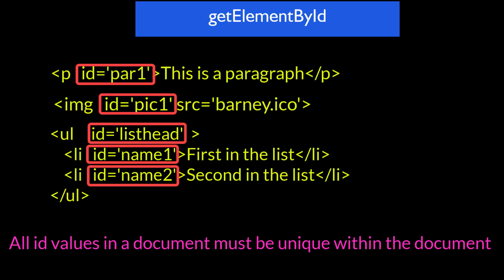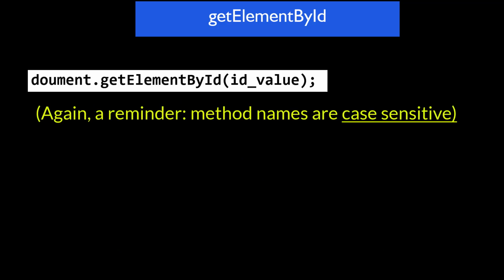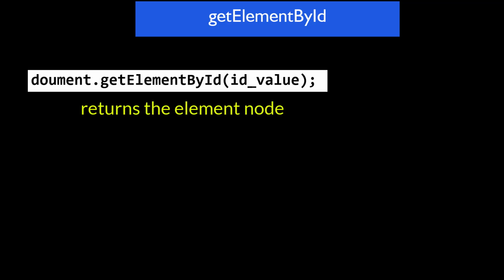To access an element of a document from JavaScript, you invoke the getElementById method on the document node. You actually code document.getElementById and in parentheses the value of the ID you're referencing. And this invocation of this method on the document object returns the specified element node, or null if there is no such element.